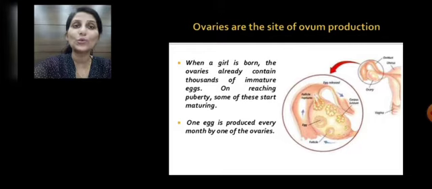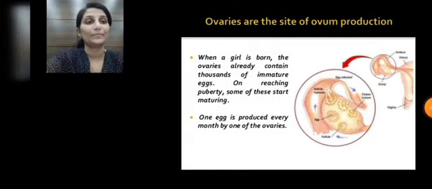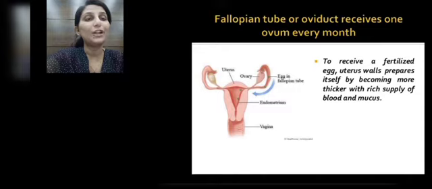So of the two ovaries, only one functions every month to release a functional egg or an ovum. In this picture, we can see this is the ovary, and every month one egg is released out into the fallopian tube.